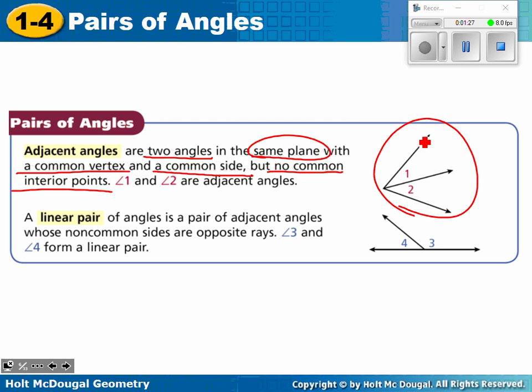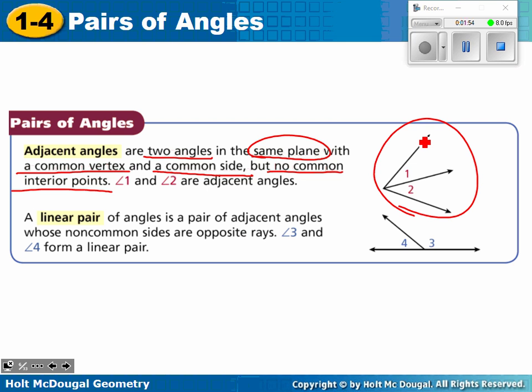Would angle ABC and angle 1 be considered adjacent? No, because, be careful, first of all, what is the vertex of angle ABC? B. What's the vertex of angle 1? B. So they do have a common vertex, and they do have a common side.